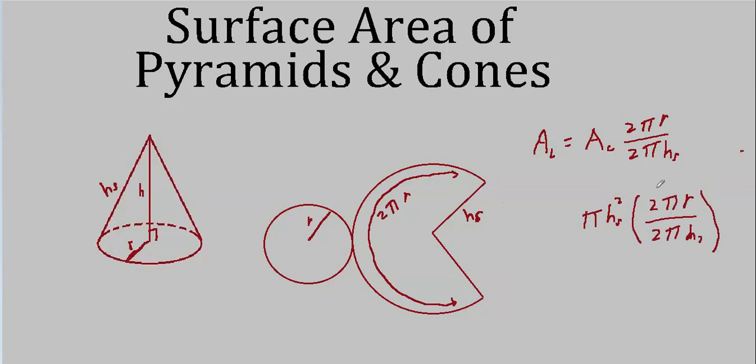Well, a little cancellation going on right off the bat here, isn't there? We can scratch these 2 pi's, they cancel each other. We've got a slant height squared over here and a slant height here. So we can cancel one of those and end up with pi times h sub s times r.